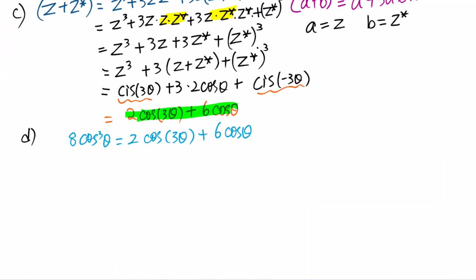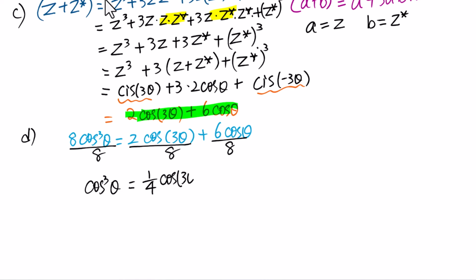Divide both sides by 8. We get cosine cubed theta equals 1 over 4 cosine 3 theta plus 3 over 4 cosine theta.